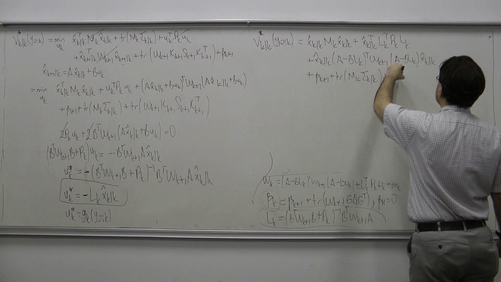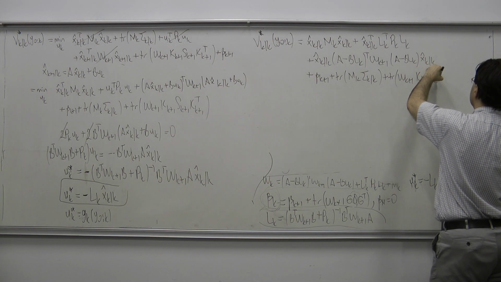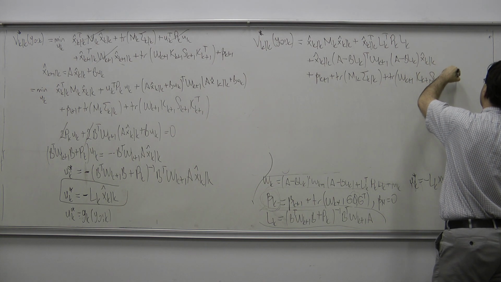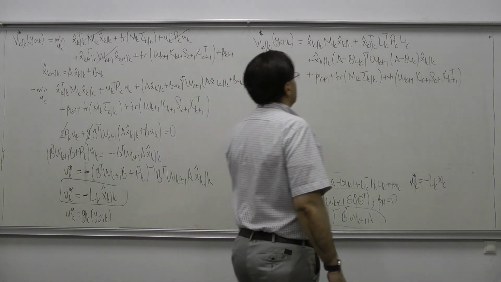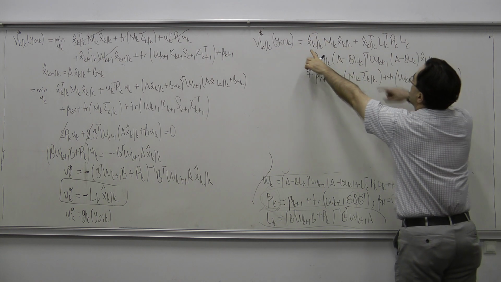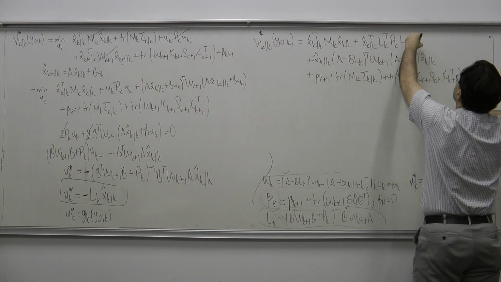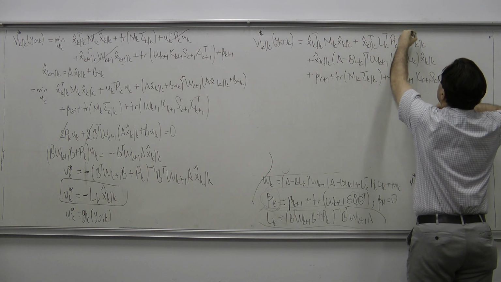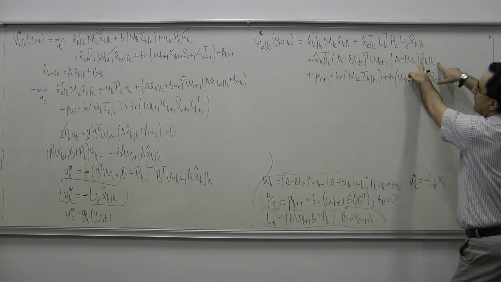Plus trace Wk plus 1, Kk plus 1 transpose. So now you see here that these terms all contain x at k given k transpose and x at k given k.